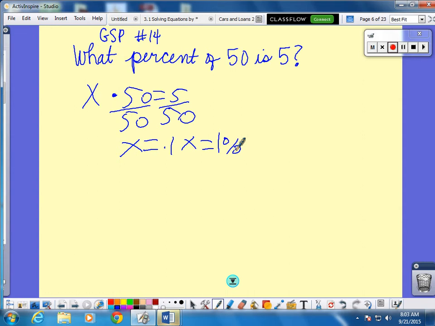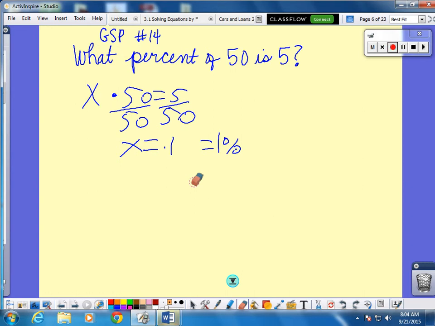What's this right here? So is it like, is it just like 0.1 is equal to 1%?